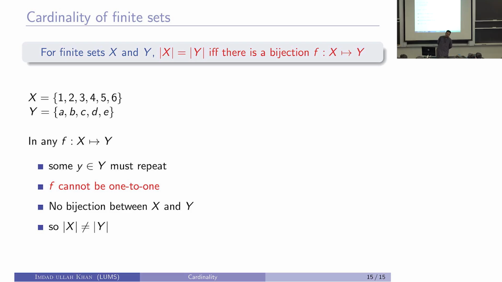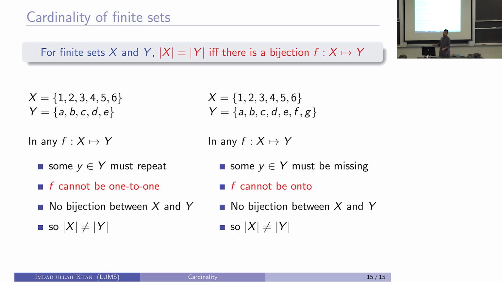There will be repetition, because 6 elements are mapped into 5 elements. If 6 people went to 5 rooms, at least 2 must share a room. Otherwise, if everybody gets a unique room, at least one of them will stay on the street, because there are only 5 rooms. So there cannot be a one-to-one function between them, and hence no bijection.